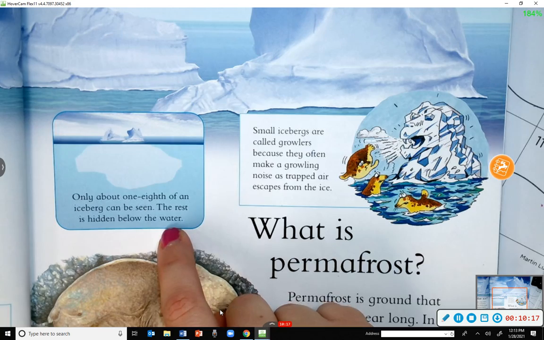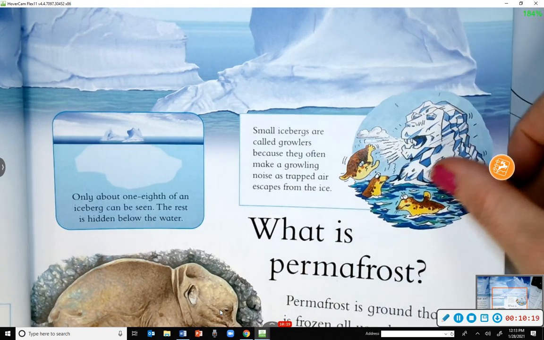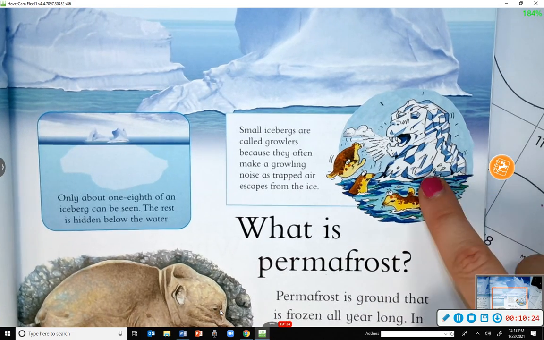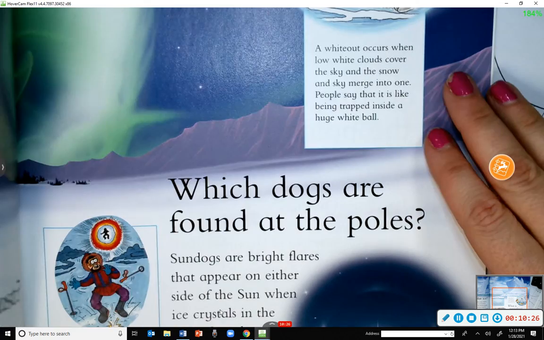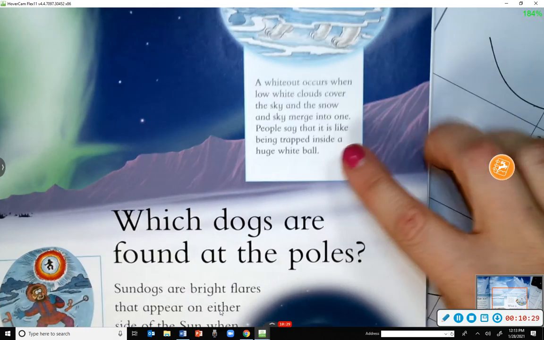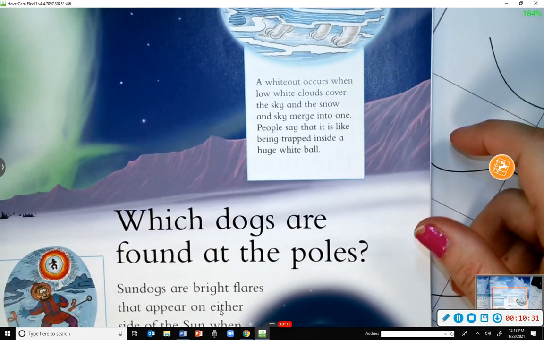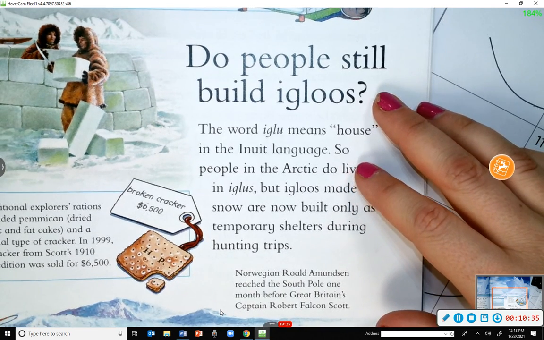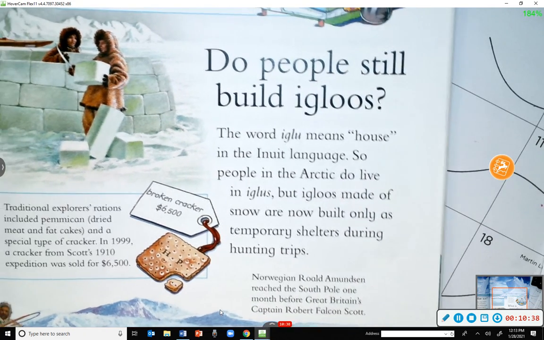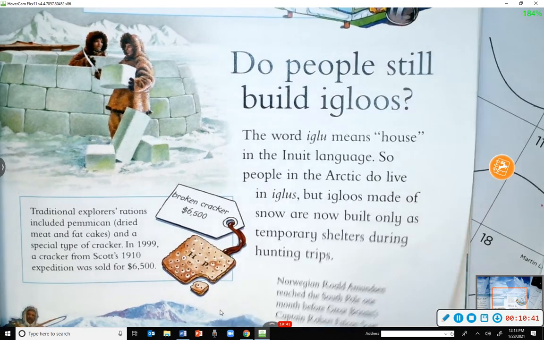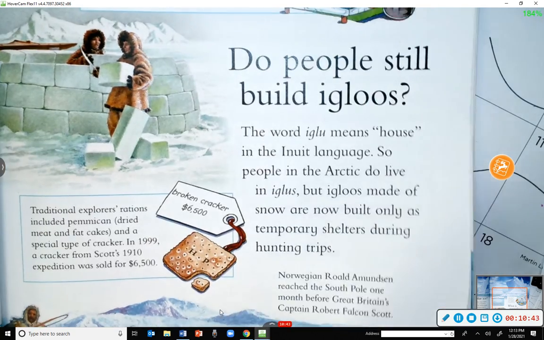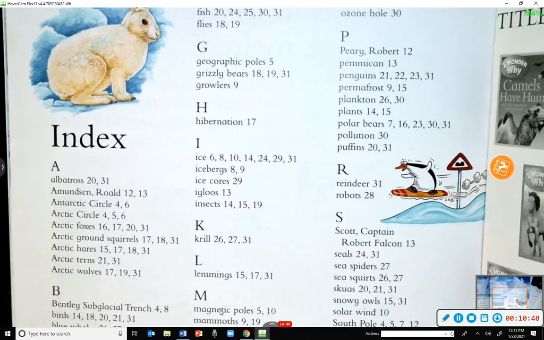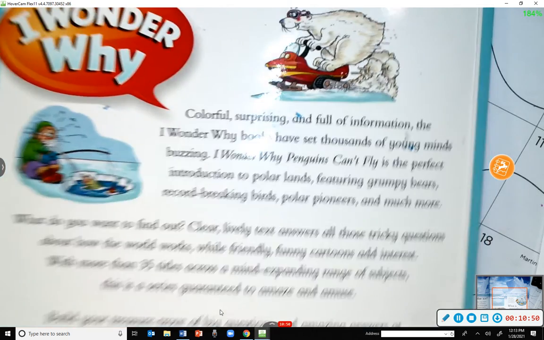Caption. We have lots of illustrations, right? With other important facts. So those are just some of the text features. We have in the very back an index. That's another text feature we've talked about.